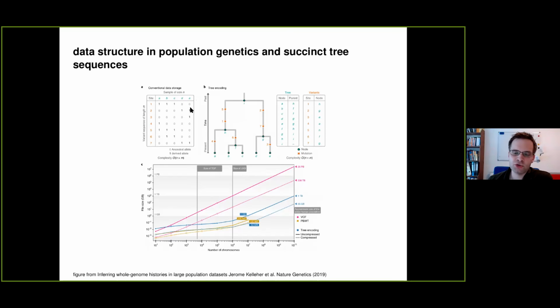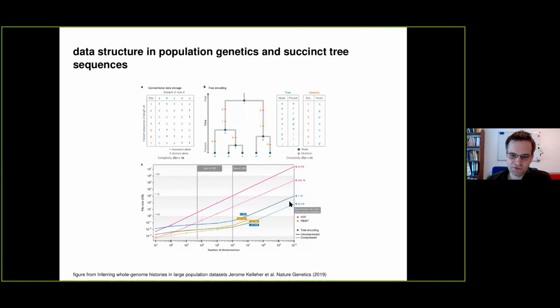Instead of encoding the whole matrix, we now have two tables, one describing the tree and the other one describing variants or mutations. We can dramatically decrease the size and the number of operations we need to do in simulations and the size of the data we generate.